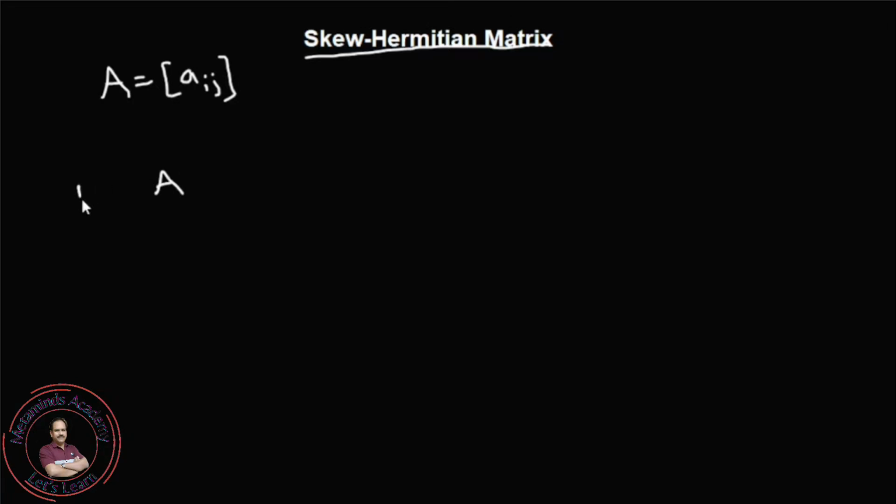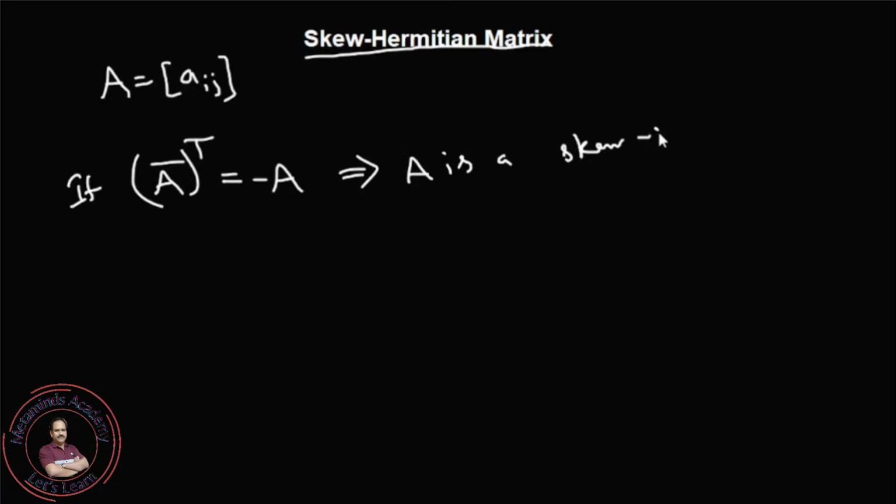If A bar whole transpose is equal to minus A, then A is called a skew Hermitian matrix.